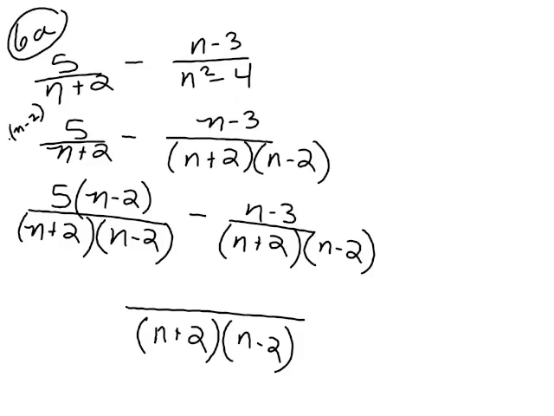So I need to distribute this through. So I end up with a 5n minus 10 minus n minus 3. Okay, so can I combine any of those terms? Yes, so what's 5n minus n? How many n's do I have left? 4n and a 10 and a 3. What do I do with those? Are they the same?